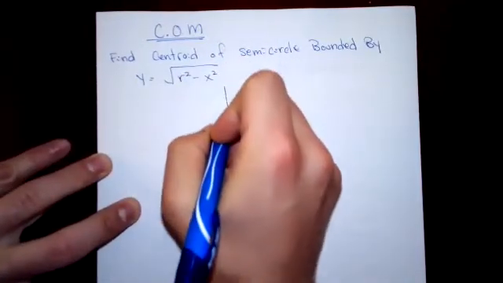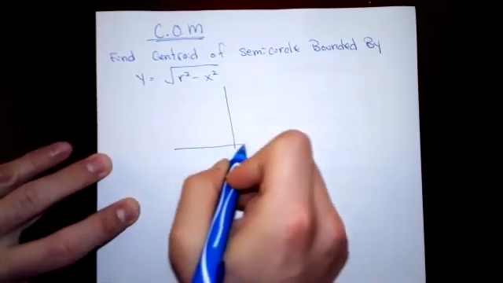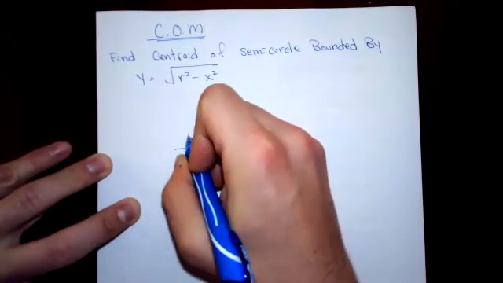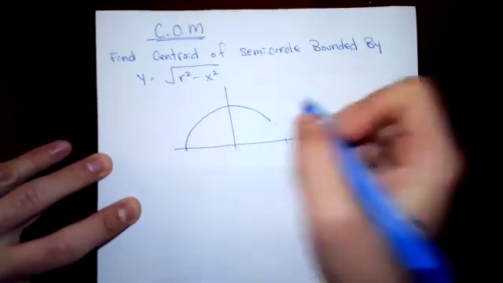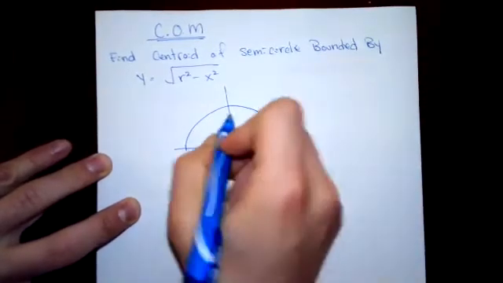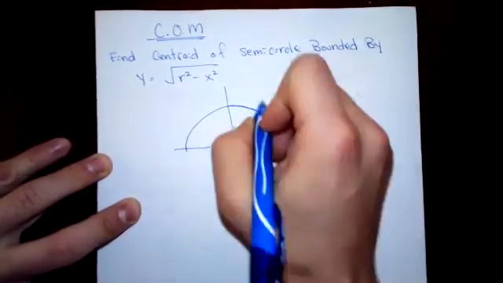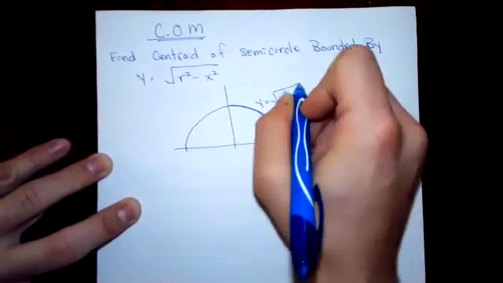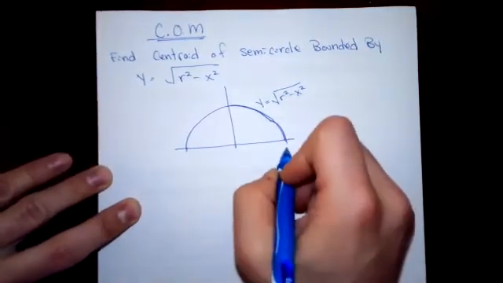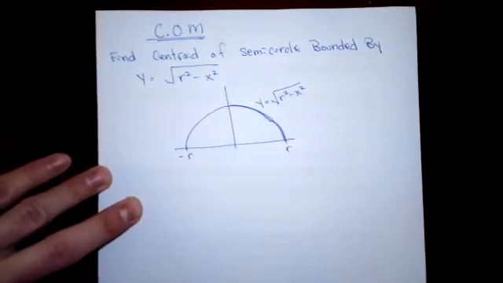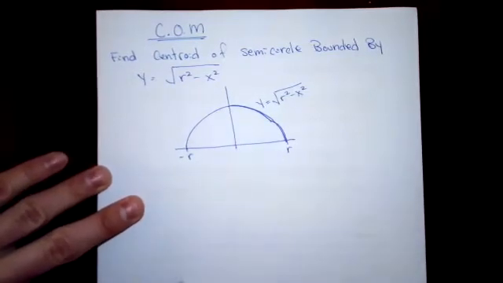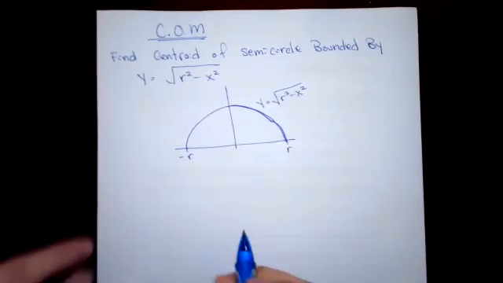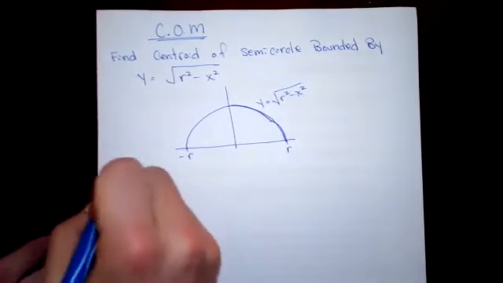So we've got a semicircle, y equals the square root of r squared minus x squared, and we want to find the center of mass of this guy.